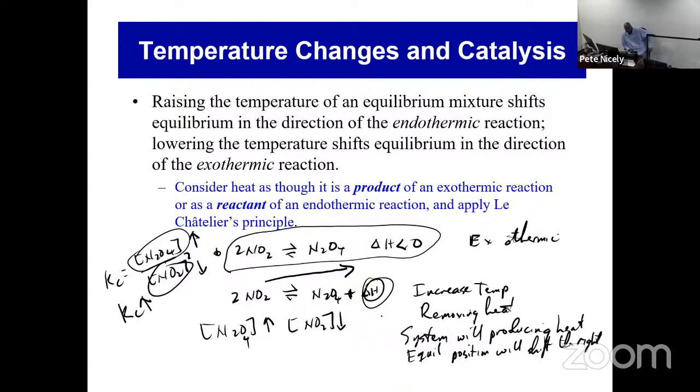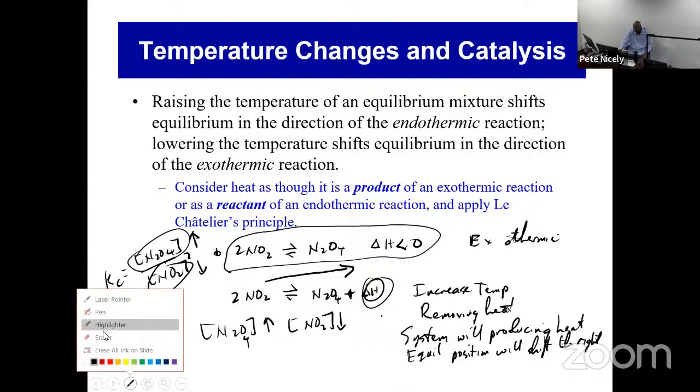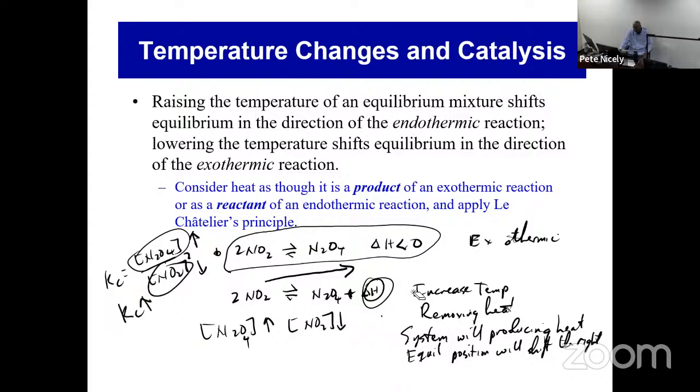All right, so that's basically how temperature changes will affect the magnitude of Kc, right? What if the opposite occurs? Let me do some erasure here. What if instead of increasing the temperature, we are decreasing the temperature?